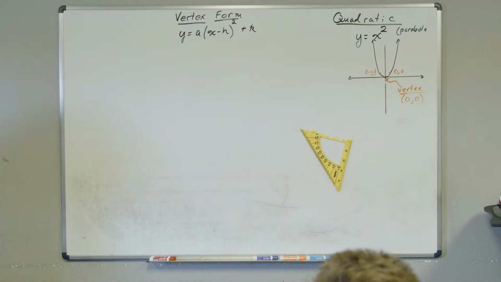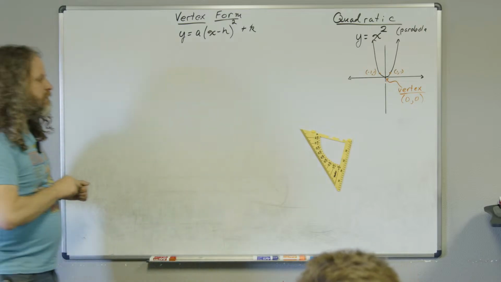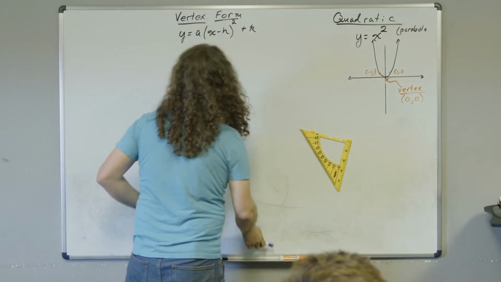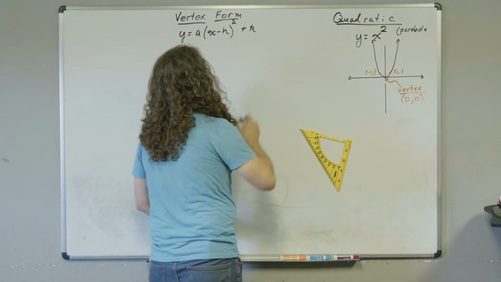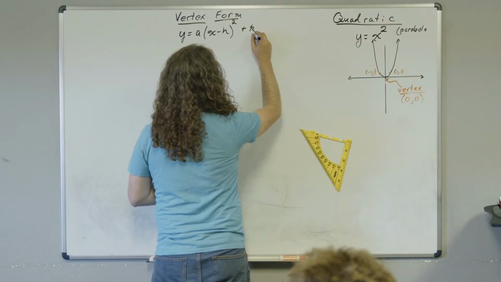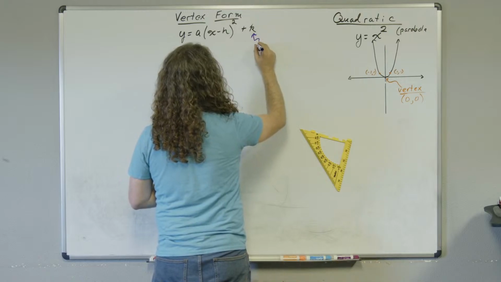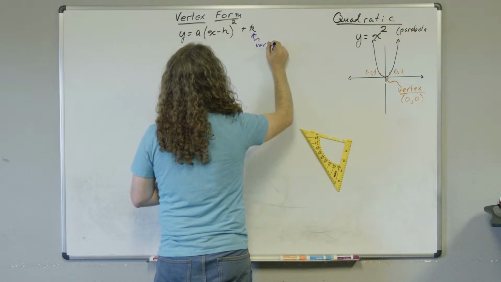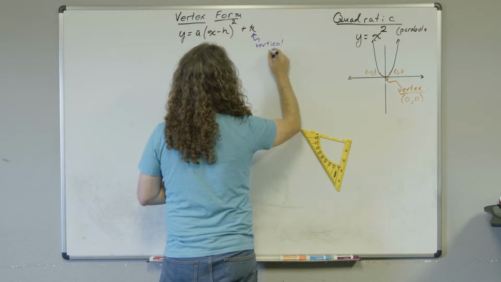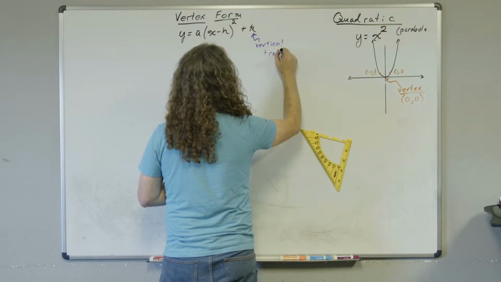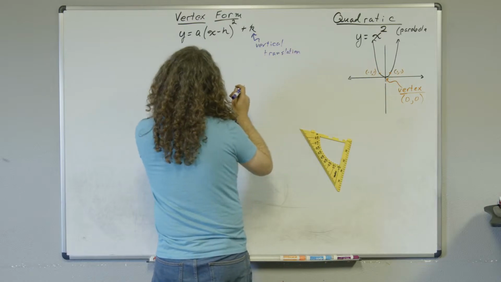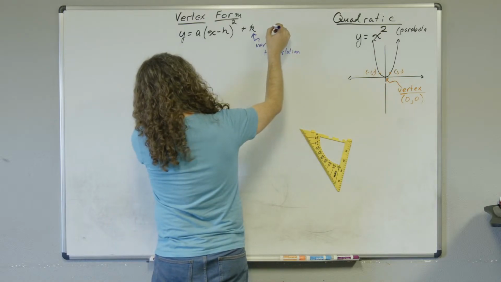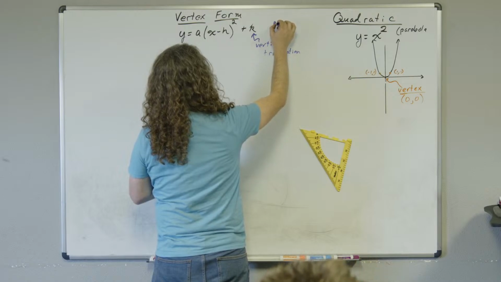These different letters do something if you change them. Okay? The k is real easy to understand. The k is a vertical translation. Okay. So if k is positive 2, it would go up.